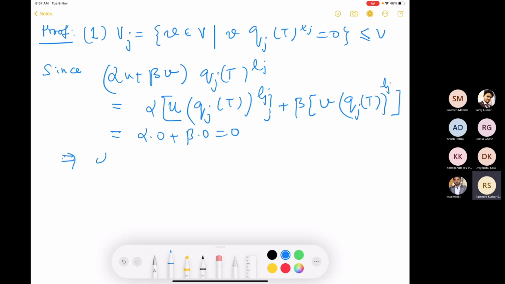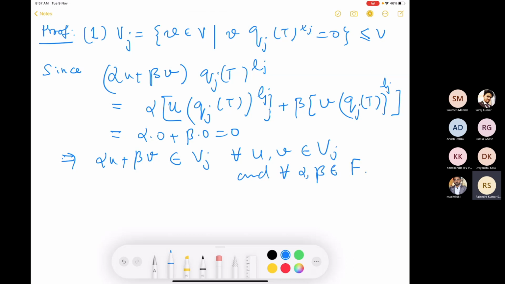That forces alpha u plus beta v to be in Vj for every u, v in Vj and for every alpha, beta in F. So this proves that they are subspaces.